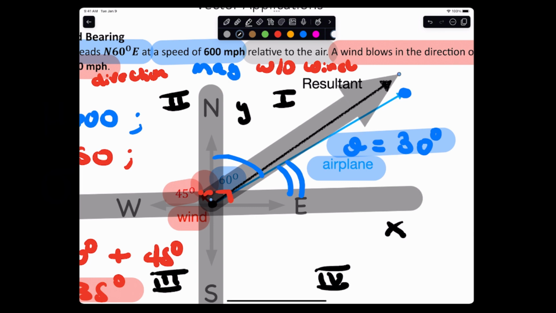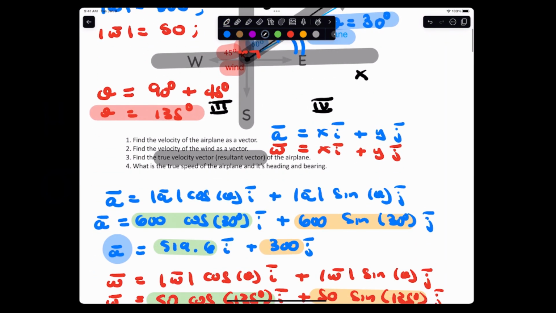Do you guys know what you're looking at? That's a resultant vector. That's a vector sum. So if you're going to include the wind force acting on the airplane, you're going to have to add those vectors.